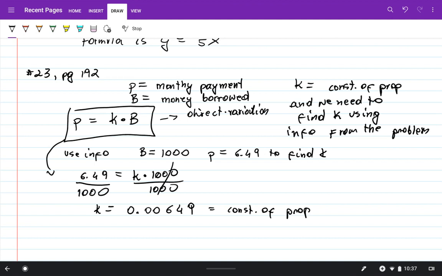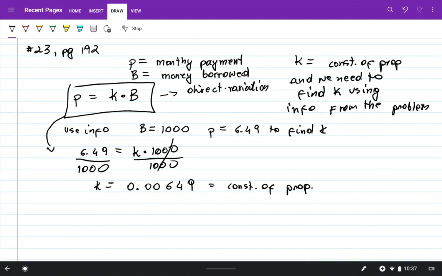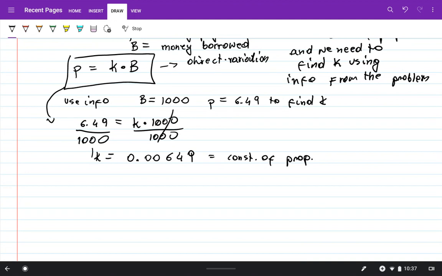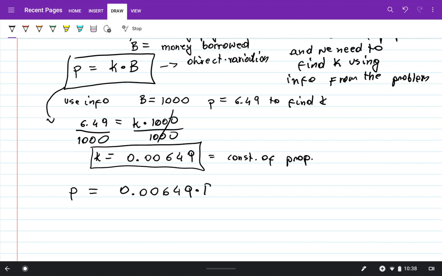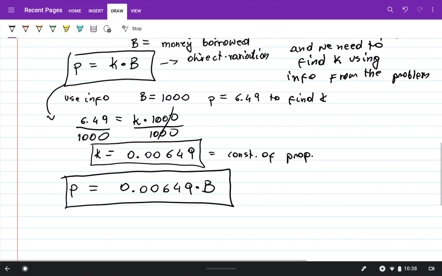So in those problems from section 2.5, you always need to find K. Now our formula will be P, payments, equal to the constant of proportionality, which we already know, 0.00649, times B. So this is your equation, only two variables. K we always need to find using the given information.